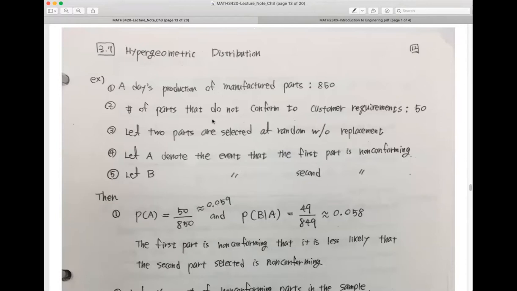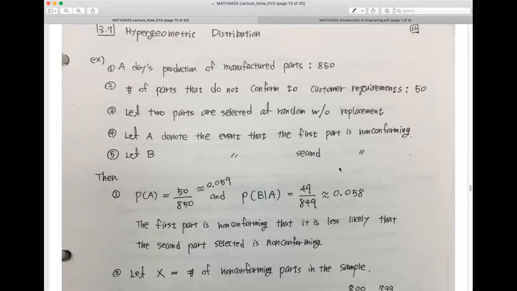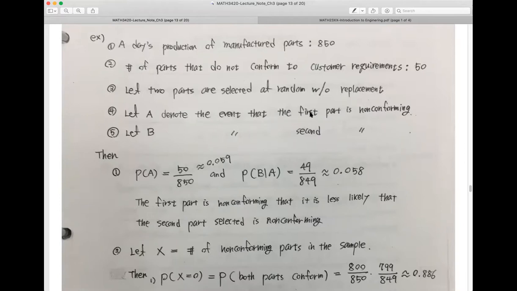Now capital letter N is 850, and capital letter K is the number of successes. I know it sounds weird, but here success means the part does not conform, so K is 50. Let A denote the event that the first part is non-conforming, and B denote the event that the second part is non-conforming.